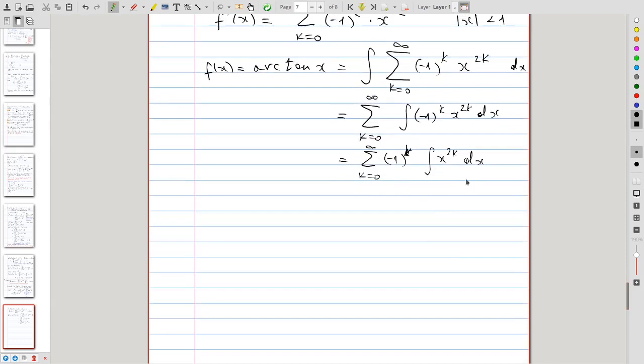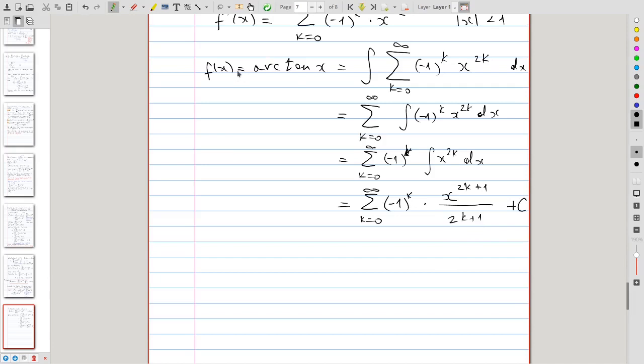And again, as it was in the previous example, all I need to do is to integrate this power function, which is quite straightforward. I'll have the sum from 0 to infinity, minus 1 to the k, times, this being a power function, I increment the exponent by 1 and divide by the new exponent. And then I will add the constant of integration, just as I did in the previous example.